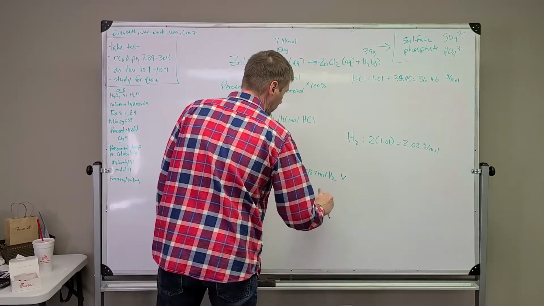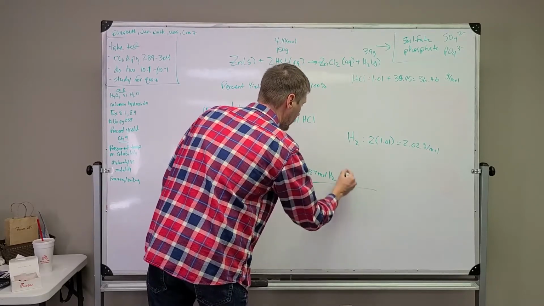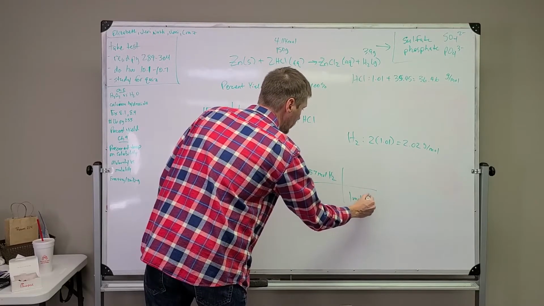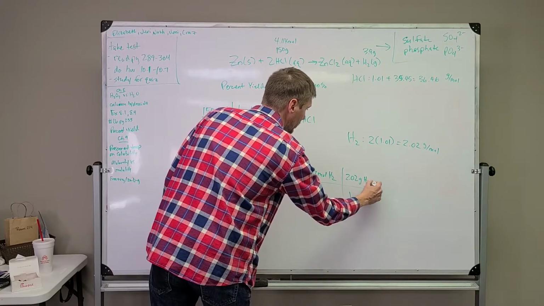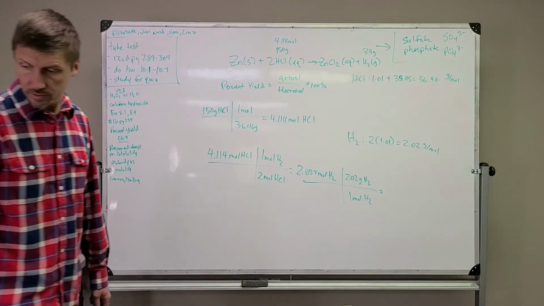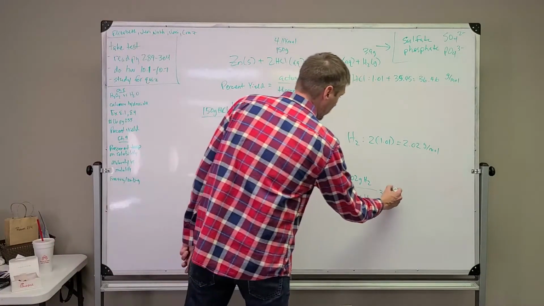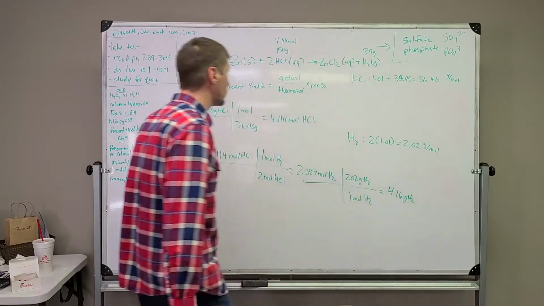For every 1 mole of H2, we have 2.02 grams of H2. So that gives us 4.16 grams of H2. That's what should have been produced in a perfect world.